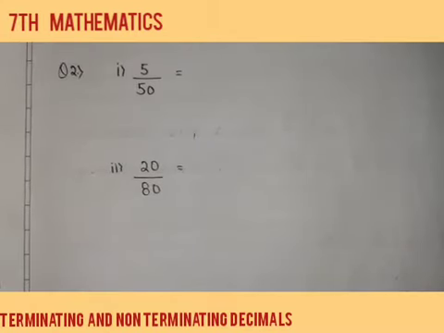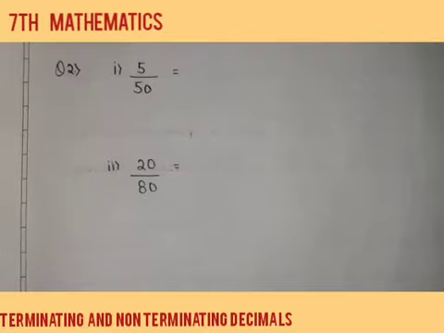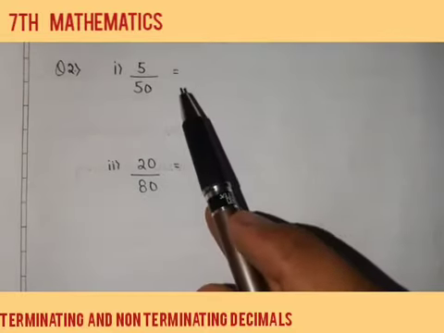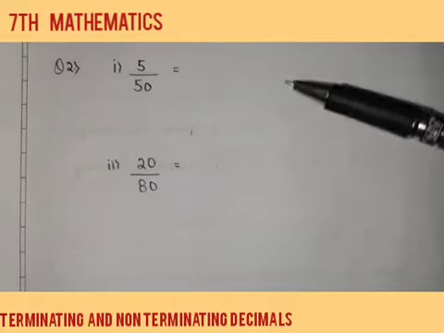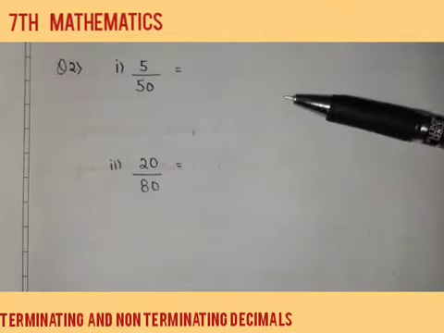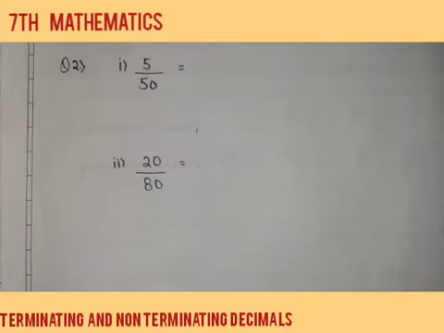Now our next question is: without actual division, determine which of the following rational numbers have terminating decimal representation. The rational numbers given are 5 upon 50 and 20 upon 80. If we divide by the long division process, we can easily tell which are terminating and non-terminating. But the question says without actual division.